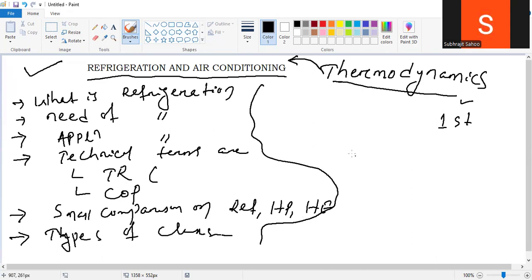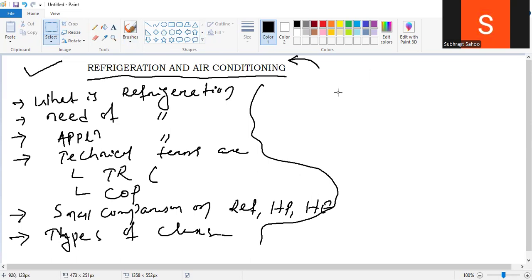Let me delete this one. In classification, we are going to study the open refrigeration cycle, open type and closed type. Open type and closed type.